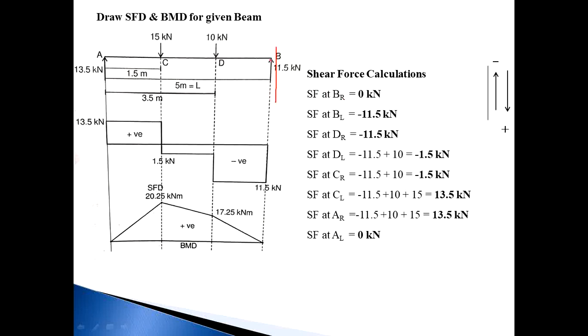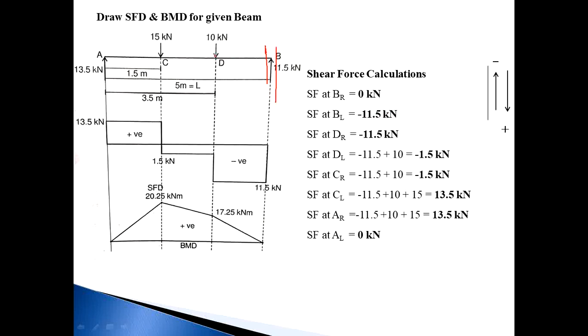Then next, move this section just to the left side of B and consider the right side of this section. The number of forces on the right side of this section is 1, that is RB, and the RB value is 11.5 kilonewton and the direction is upward. So upward force on the right side is minus. So we put minus 11.5 kilonewton.